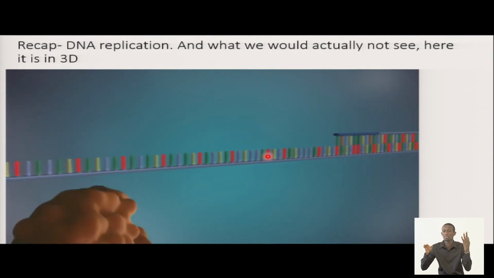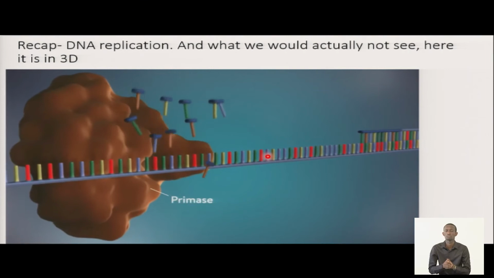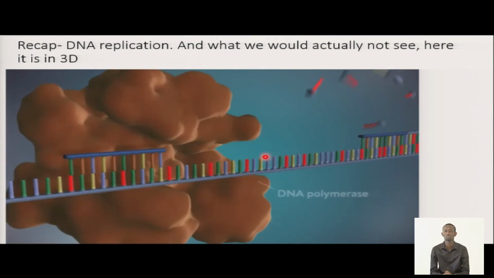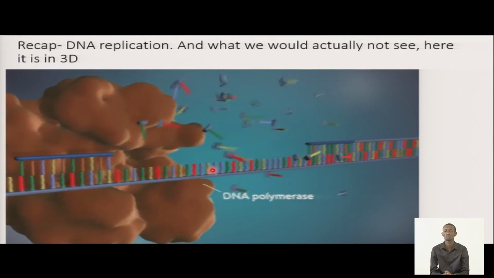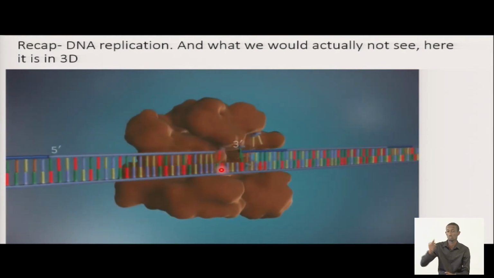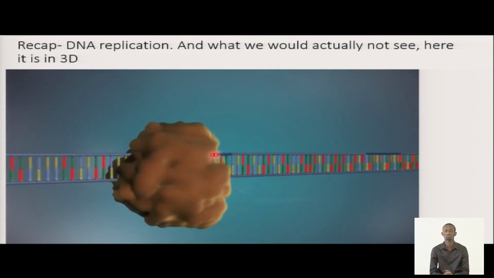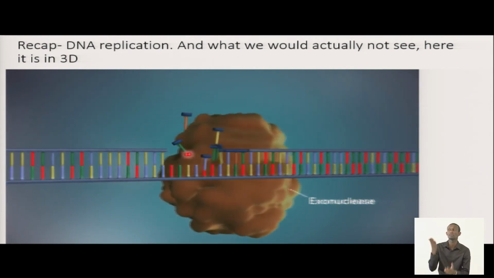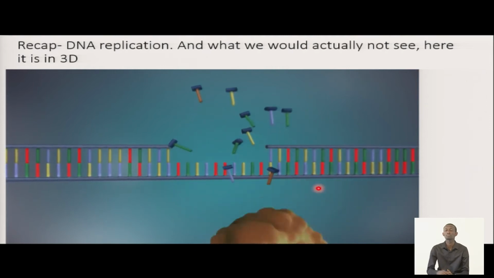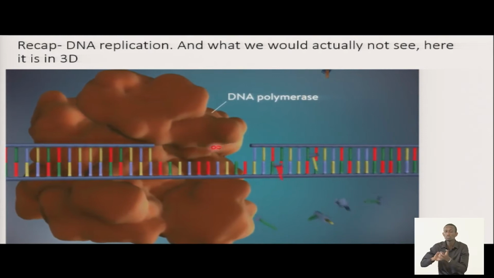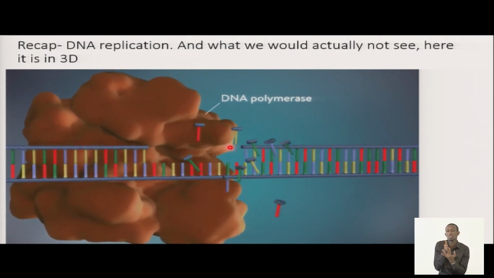But it keeps jumping. So it frog leaps. Then another is added further down the lagging strand. Another one is added. And the process is repeated again. Once the new DNA has been made, you have a problem here. The primers have to be removed by exonuclease, leaving a gap behind. That has to be sealed again, the gaps that are left behind with DNA.